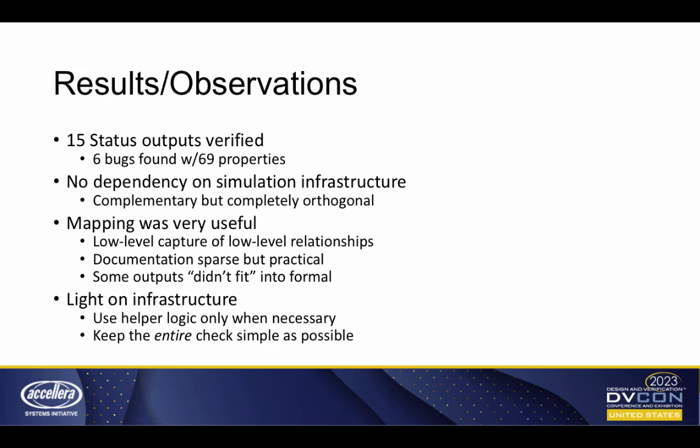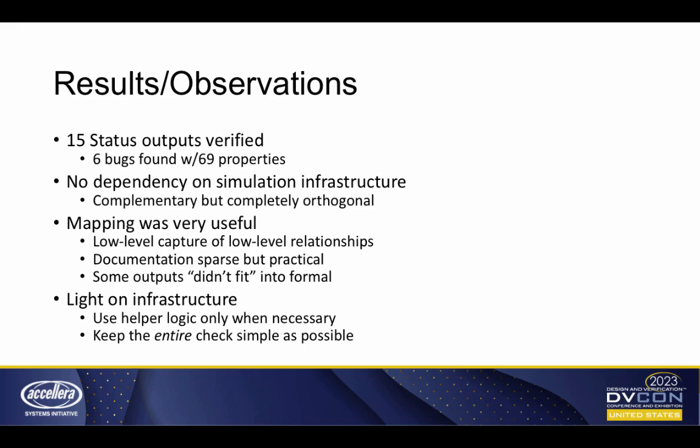In the mapping exercise, that big spider web of connecting status to the related control and I/O, that was a really useful exercise to visualize the low-level relationships. Again, this is a low-level means of capturing those low-level relationships for low-level checks. So it just felt right doing that.